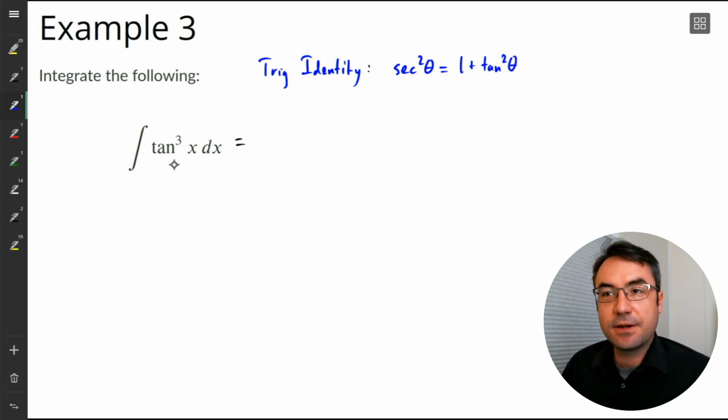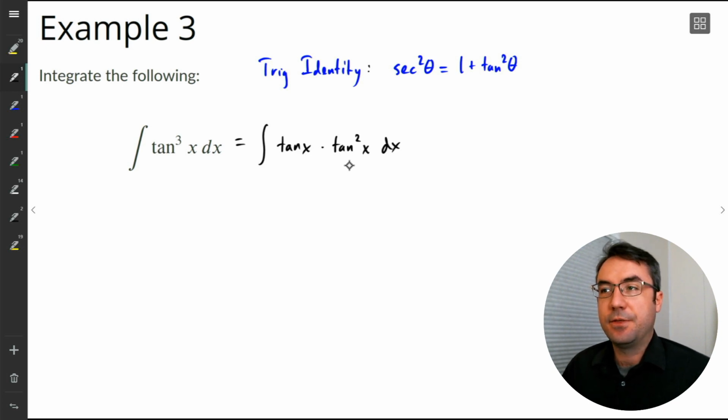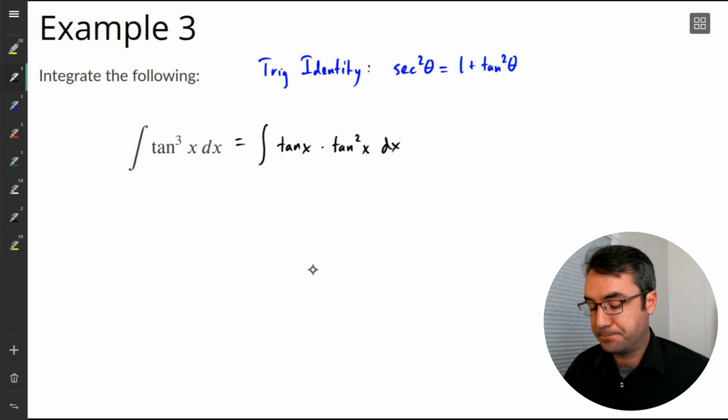So when we look at this integral, we need to get a tangent squared. Let's break up this function a little bit and write it as tangent x times tangent squared x. The reason we're doing that is that the trig identity we have to work with has a tangent squared in it, so let's get a tangent squared in our function explicitly.